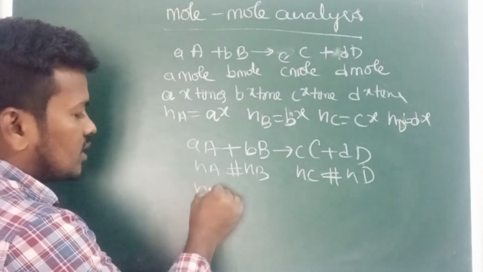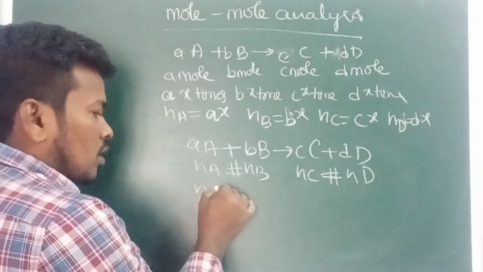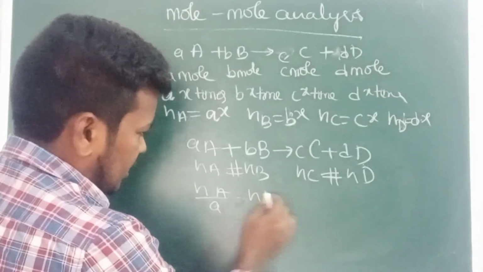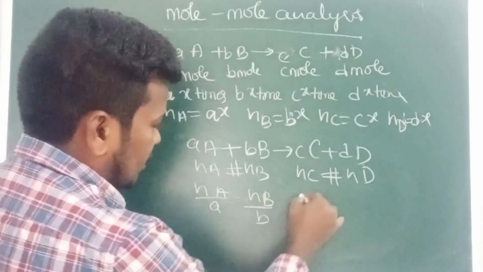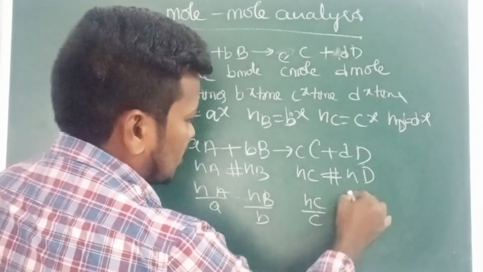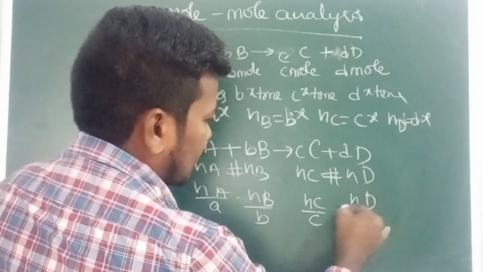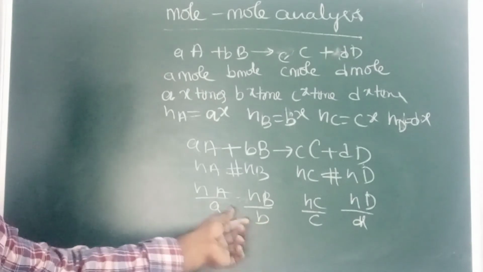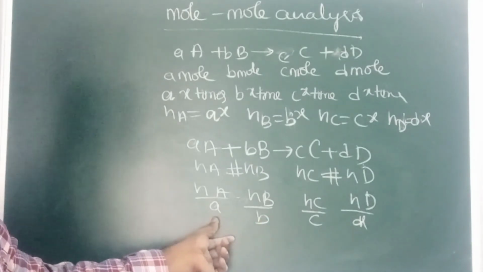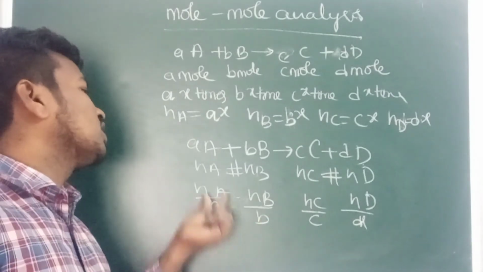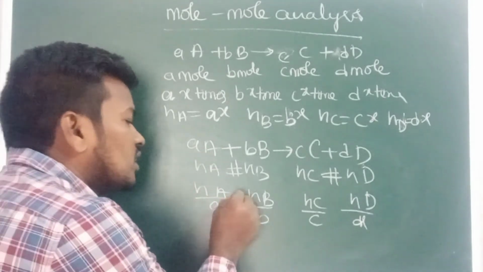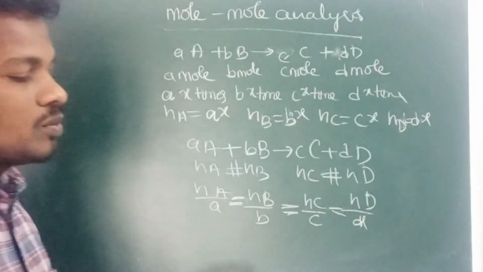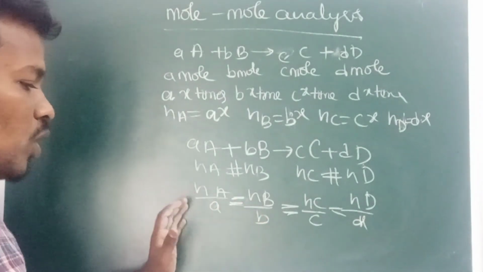So now Na by a is equal to Nb by b, Nc by c, Nd by d. Whenever you divide by the stoichiometric coefficient, taking the mole ratio like this, the quantities become equal.